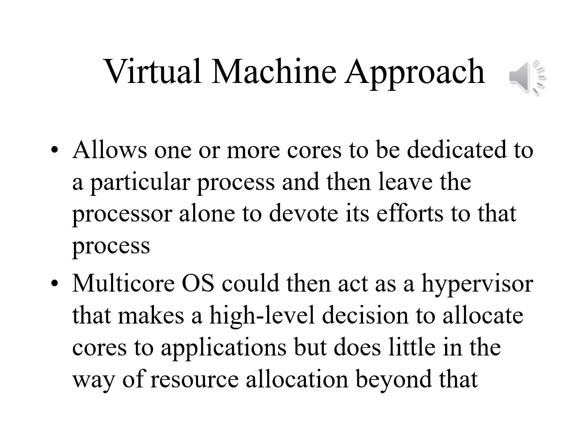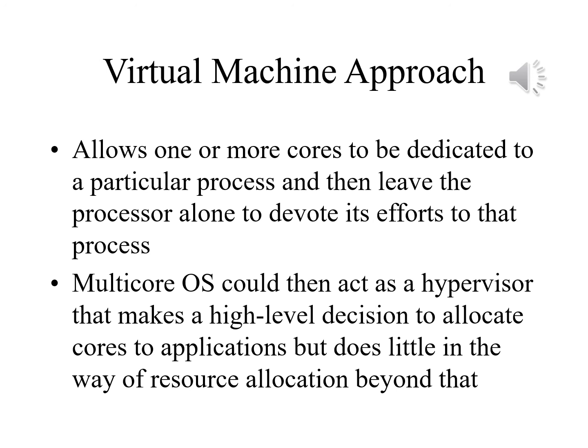An alternative approach is to recognize that with the ever-increasing number of cores on a chip, the attempt to multi-program individual cores to support multiple applications may be a misplaced use of resources.